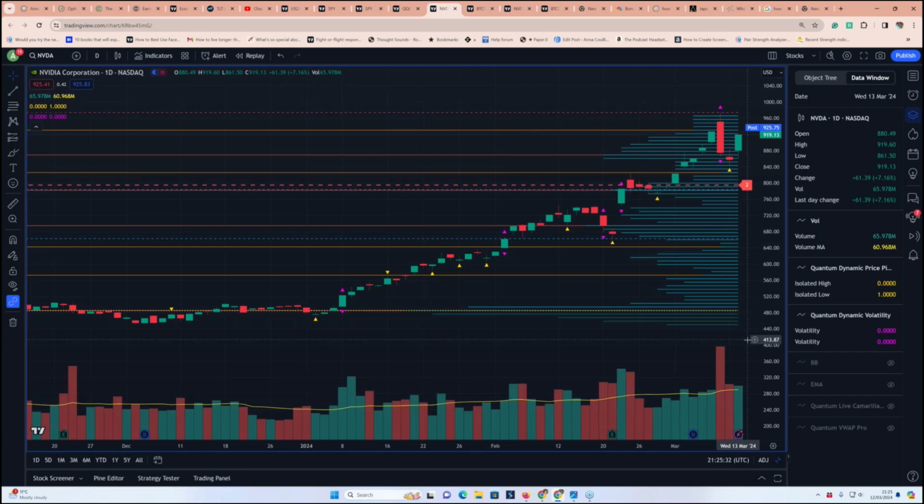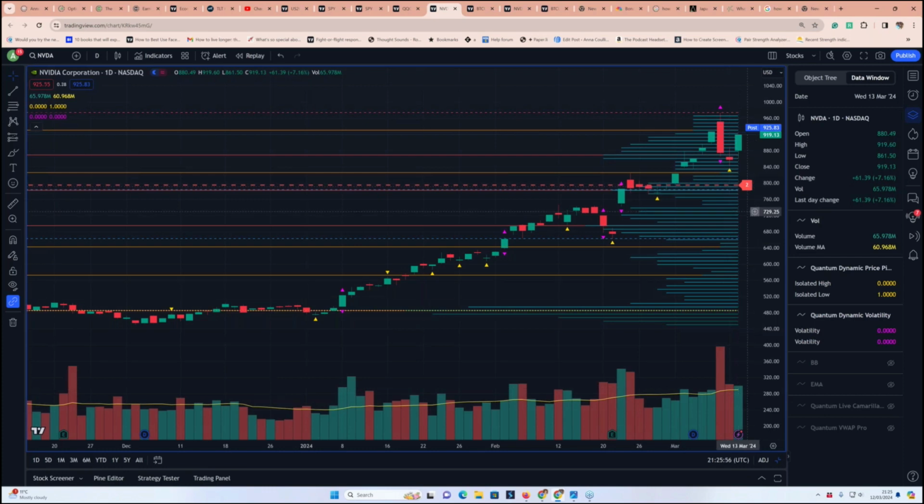What's happened with Nvidia is yesterday we had this little doji candle again on high volume. That was an anomaly, because given the amount of volume there, we would have expected that candle to be much deeper, but it wasn't. But was it ready to reverse?